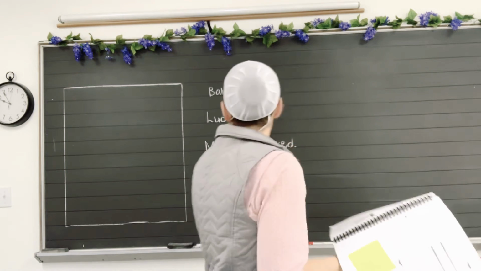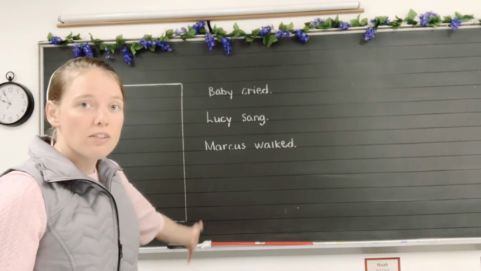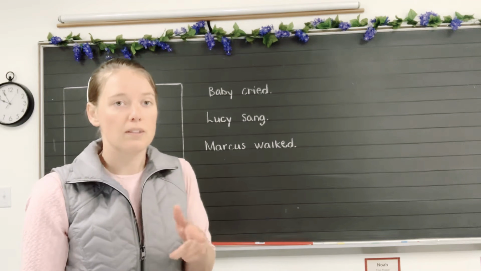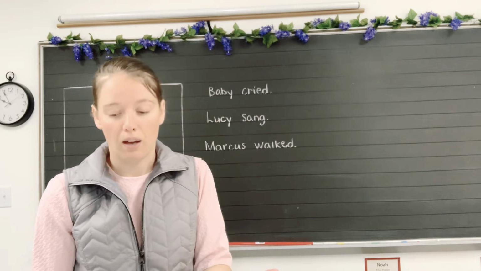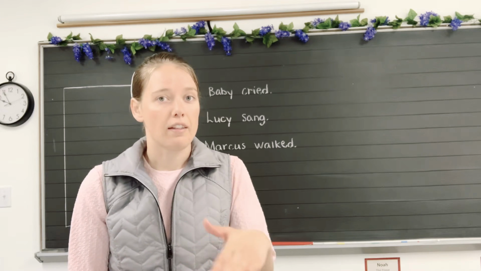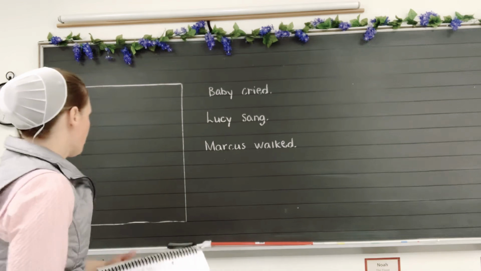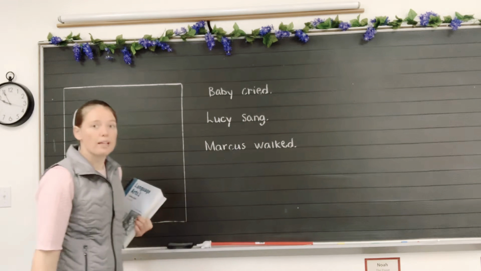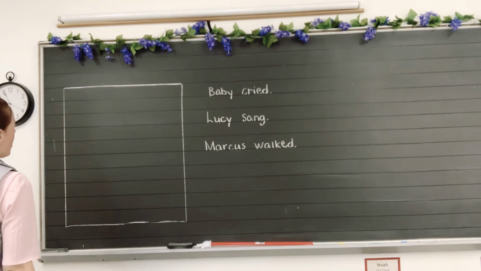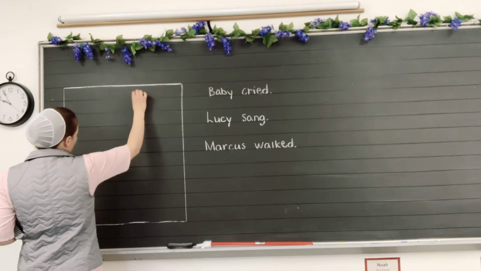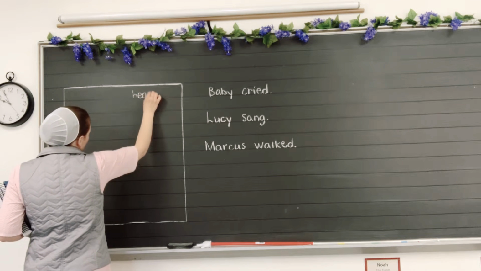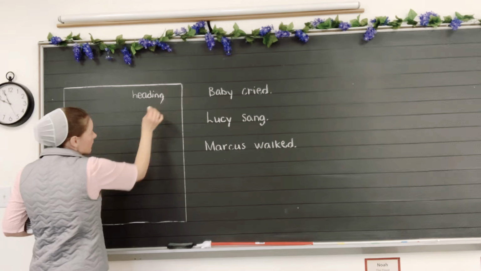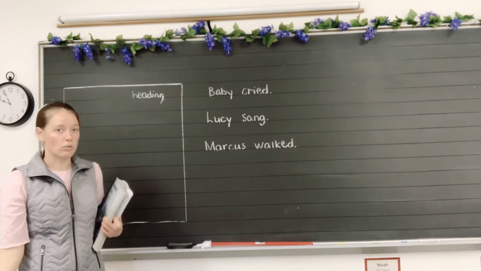We have a friendly letter right here, and so we're going to put in some of the parts of the friendly letter. We have the heading and the greeting and the closing, where we need to put those in the right places, and we'll also talk about the rest of the places also in the friendly letter. So on the top we have the heading up here, and that's simply the date that you write the letter.